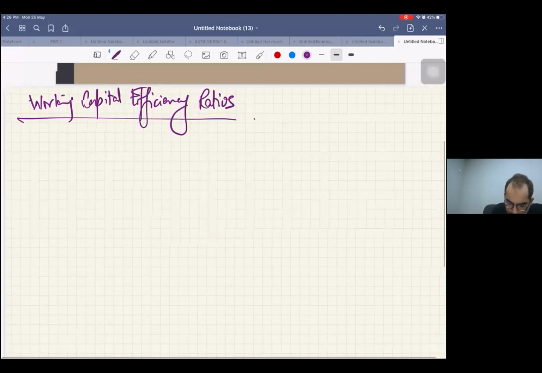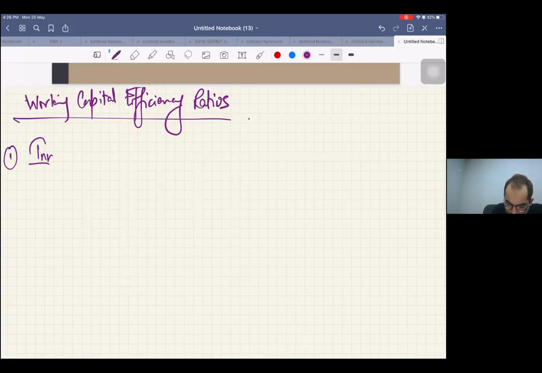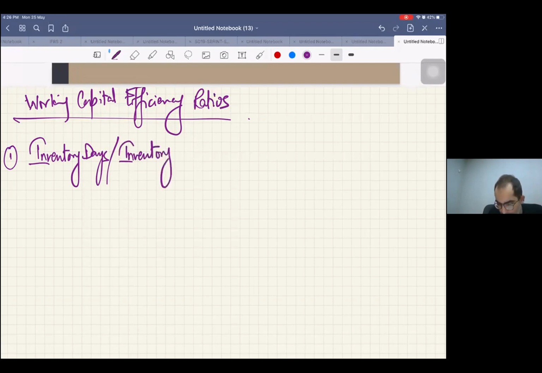The first ratio is inventory days, or we also say it inventory holding period. What is the formula?